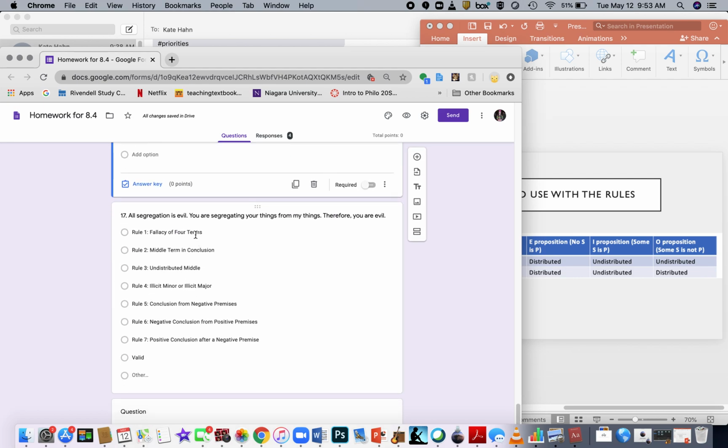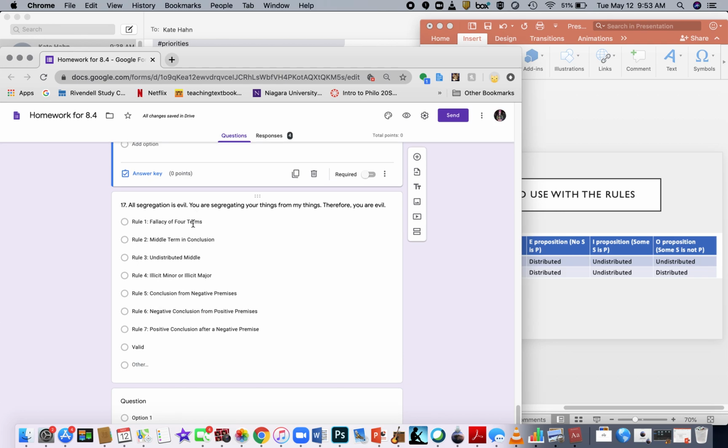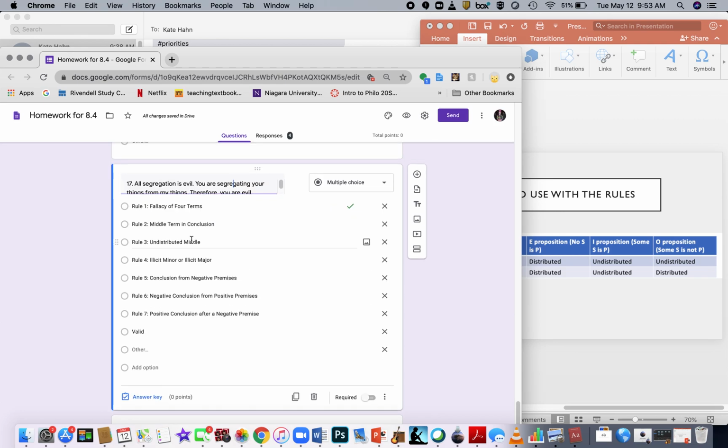This is the fallacy of four terms. Let me show this to you. This uses segregation in two senses. So it may look like a perfectly good syllogism, and nothing may be violated until you look closely and say, hey, they're talking about segregation in that sense of blacks being segregated from whites.